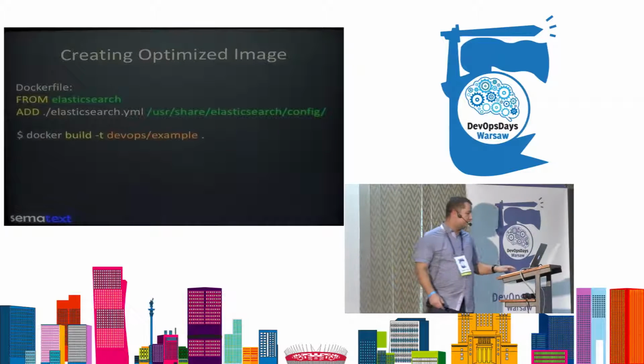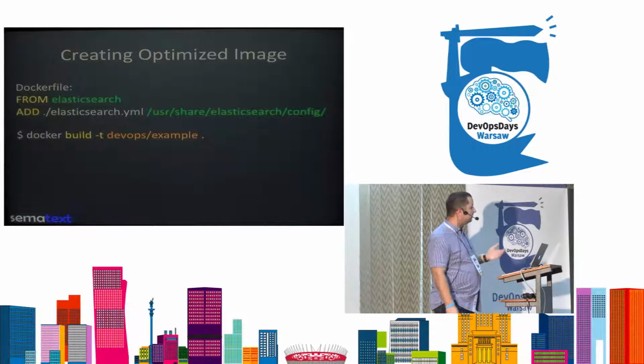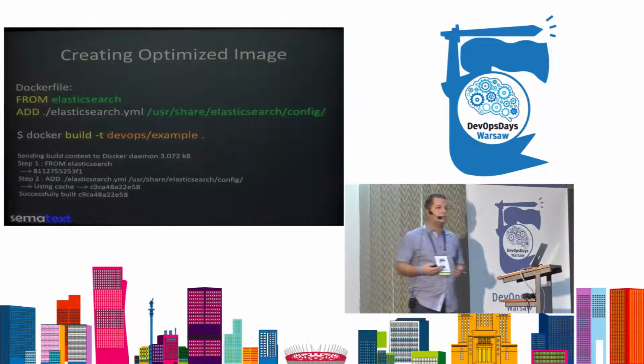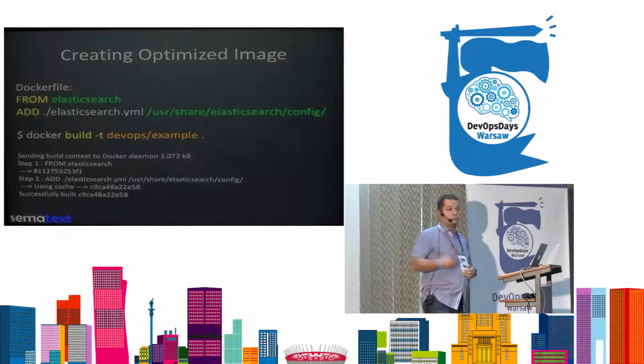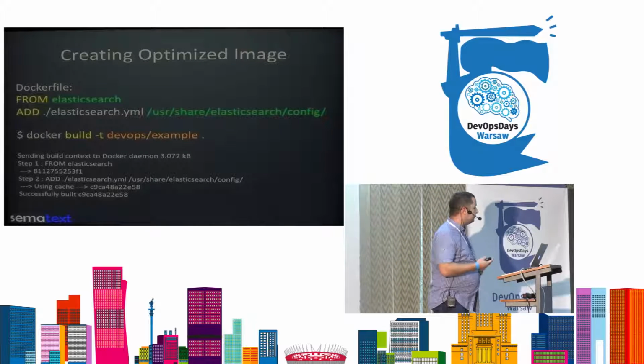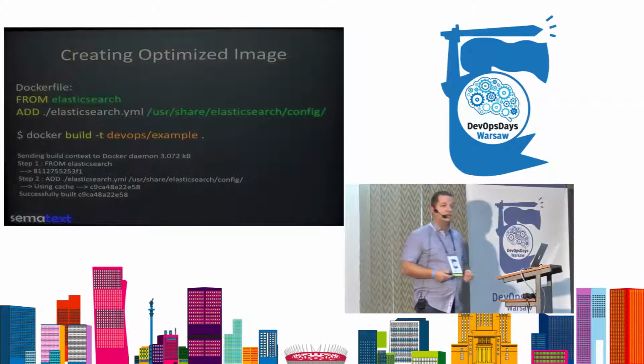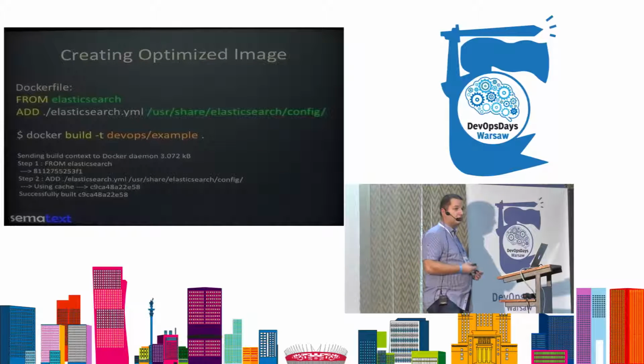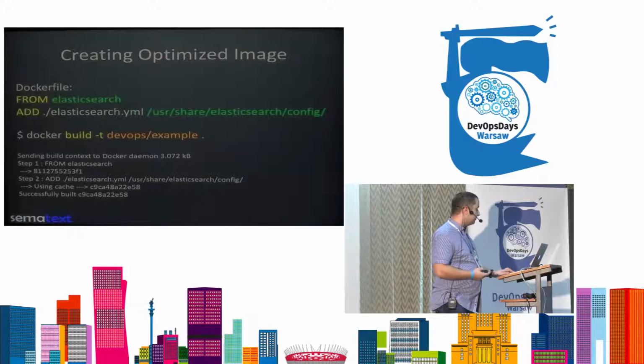After we run docker build and give it a name, Docker will build the image that we can reuse or publish to our own repository, and all the machines will be able to use it whenever we specify the devops/example name, if we would like to run that particular image.